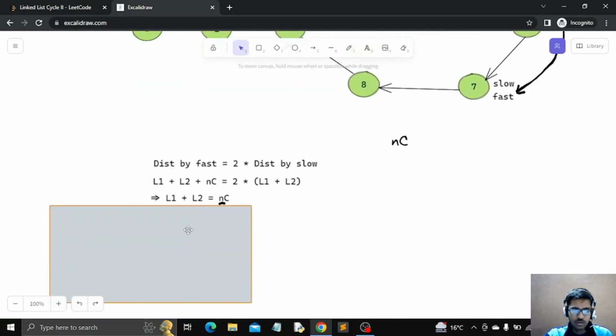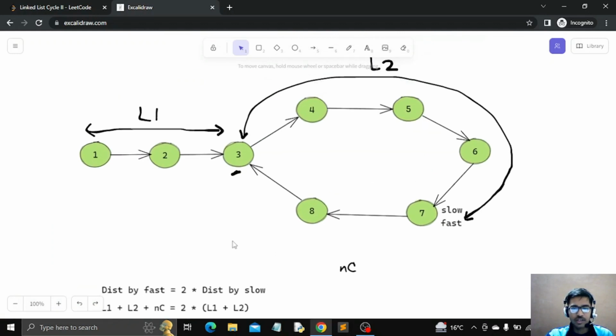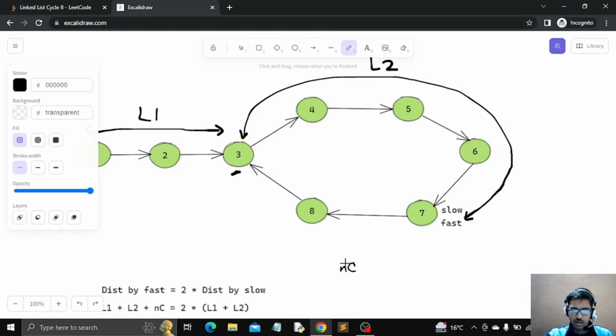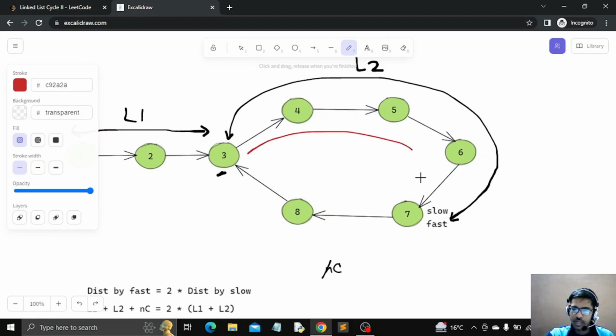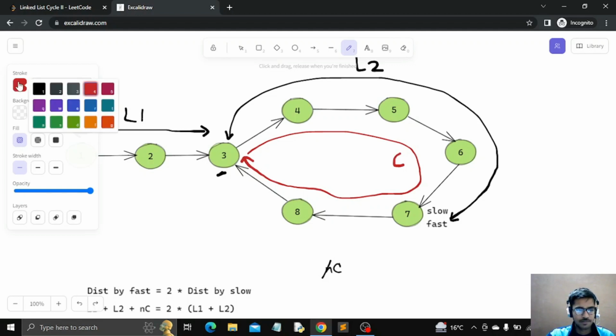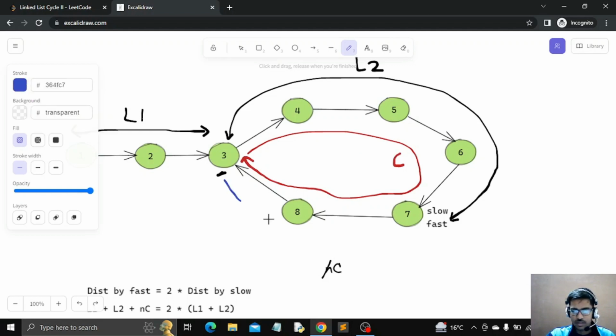So our expression will be L1 equals nc minus L2. If we simply ignore n, we have L1 equals C minus L2. If the total length of the cycle is C, then C minus L2 gives us this length. So this length is C minus L2, right?